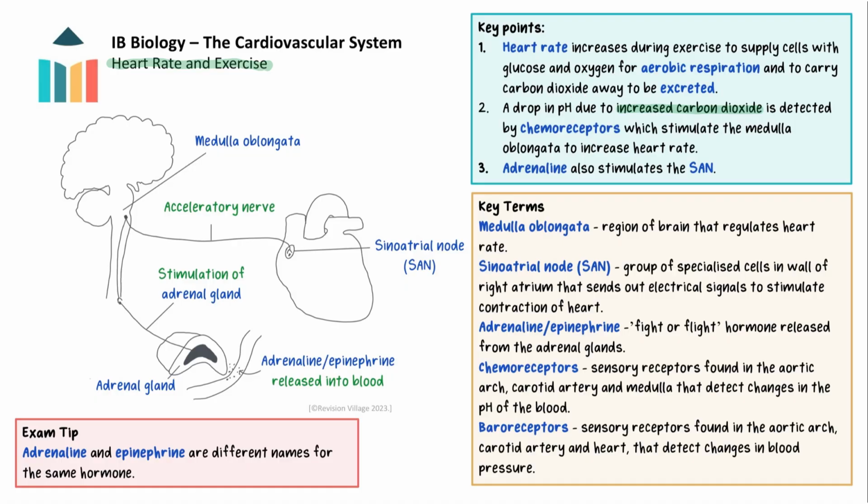As carbon dioxide levels increase, the pH of the blood decreases slightly. This change in pH is detected by chemoreceptors in the medulla oblongata, carotid artery, and aortic arch. These chemoreceptors trigger the medulla oblongata to send out nervous impulses along the acceleratory nerve to the sinoatrial node in the wall of the right atrium.